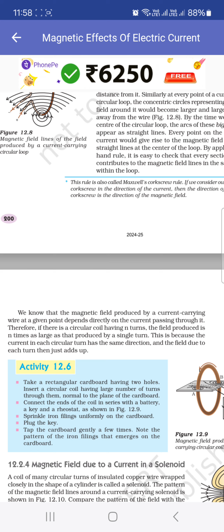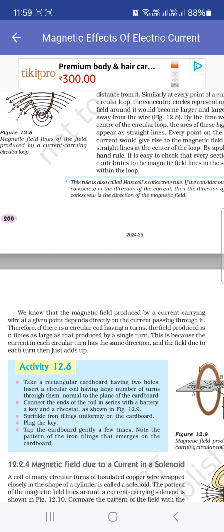This is because the current in each circular turn has the same direction and the field due to each turn just adds up. They all add up, so the more turns, the more current.